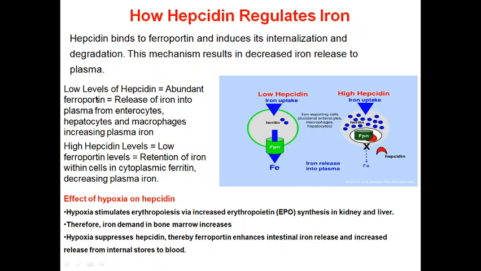On the other hand, if hepcidin levels are low, that would mean that ferroportin is abundant and released from the inhibitory effect of hepcidin, so iron will be absorbed in large quantities from the intestine or released from hepatocytes and macrophages, and that would increase the plasma iron.